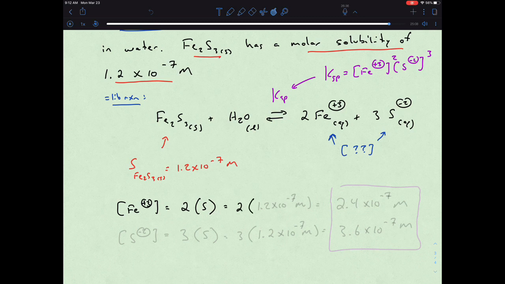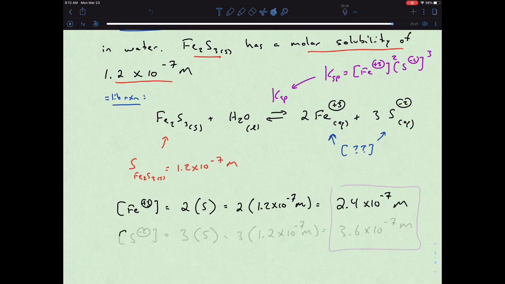So we would have 2 times 1.2 times 10 to the negative 7th molar, or 2.4 times 10 to the negative 7th molar.